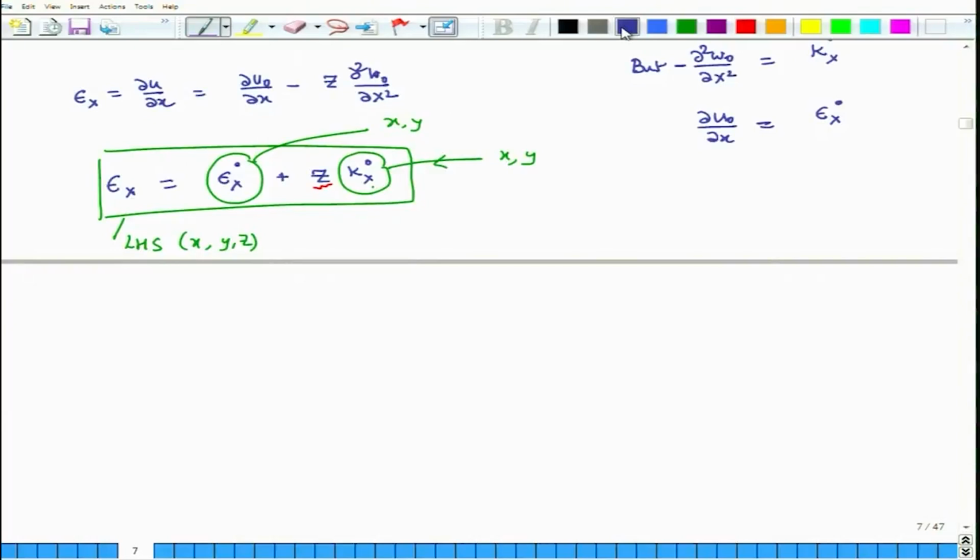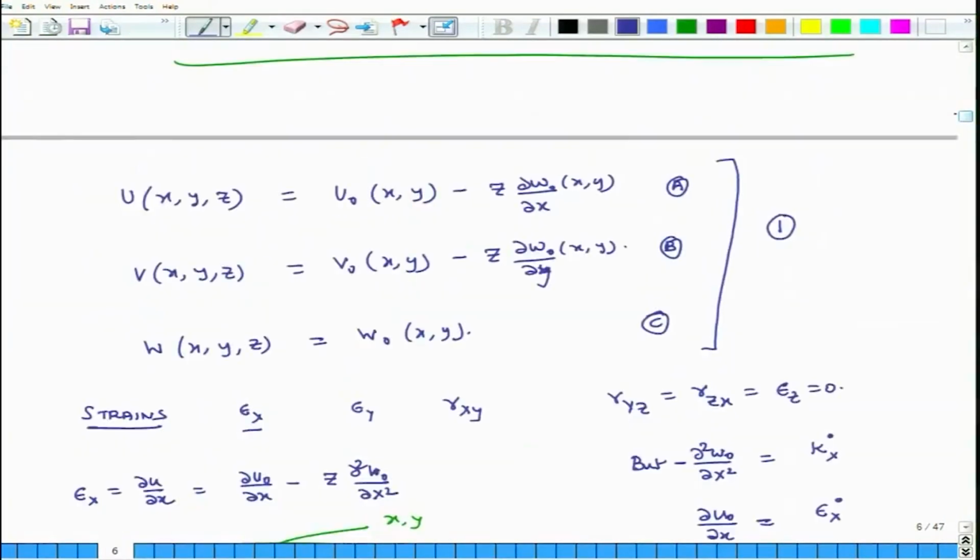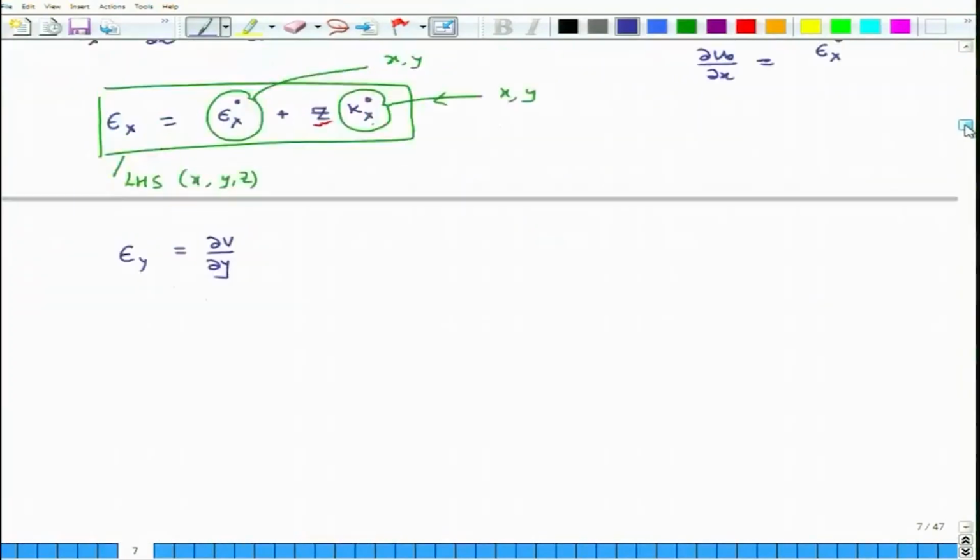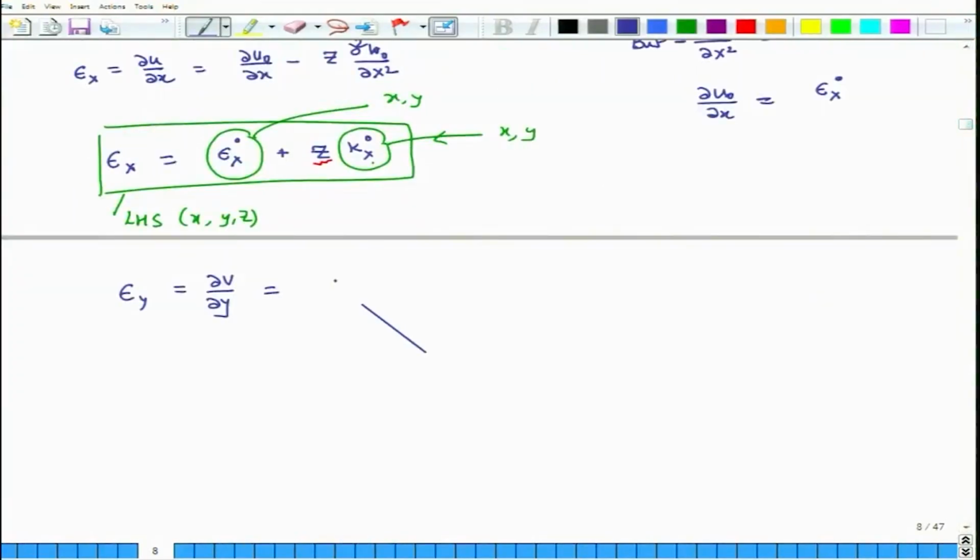Next we look at the strain displacement relation epsilon y. Epsilon y is del v over del y, and if we use equation b and differentiate this entire equation b with respect to y, we get del v naught over del y minus z times del 2 w naught over del y square.